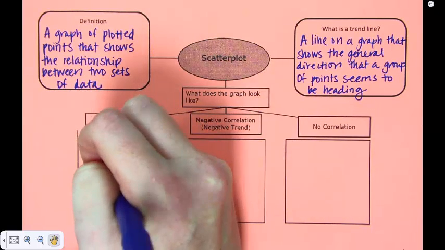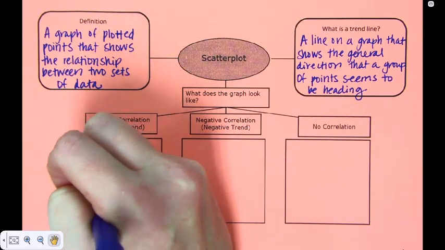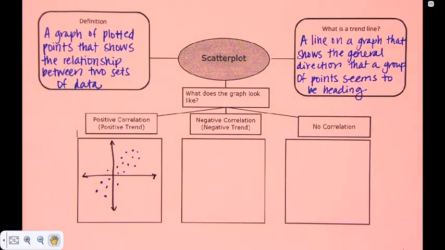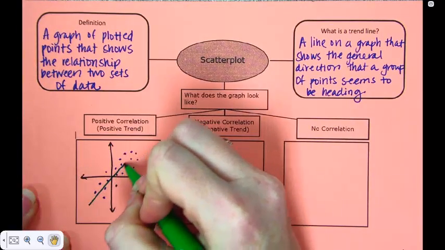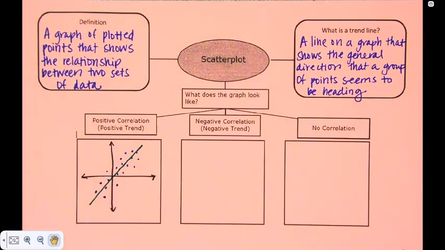And these plots are representing some piece of data that we found. Okay? Now I can see that it looks like my dots are going up from left to right. So I can draw this line through there. Seems to go through the middle of those points, and so that would signify a positive trend.